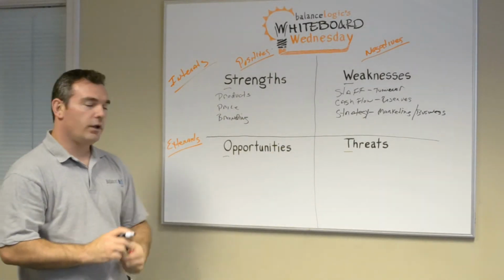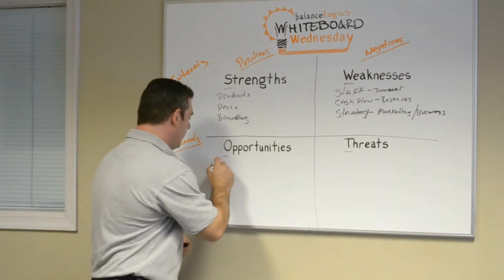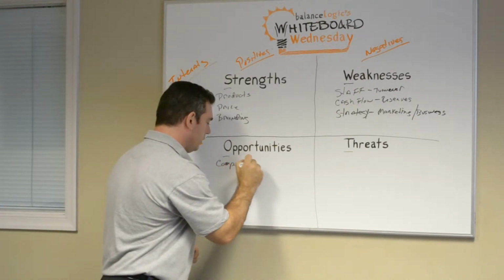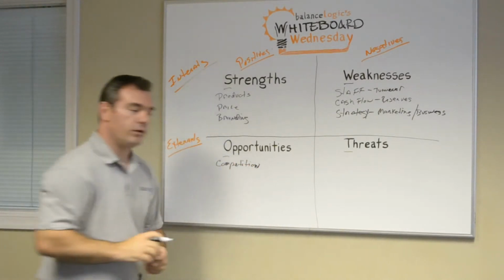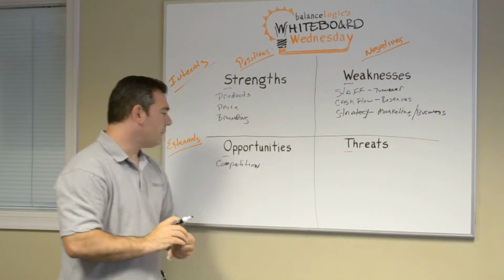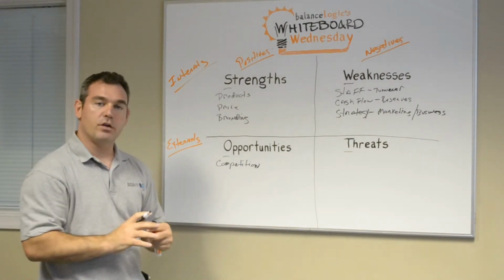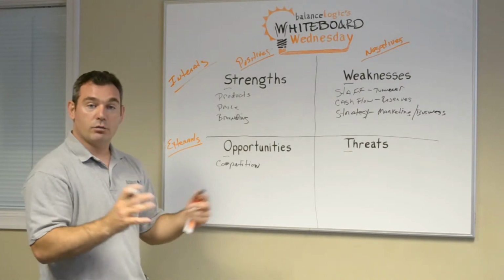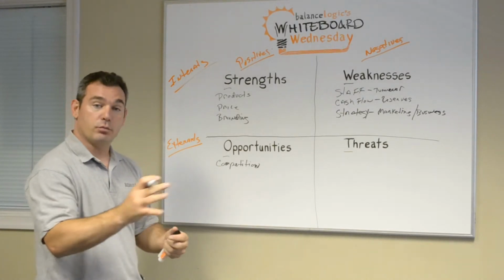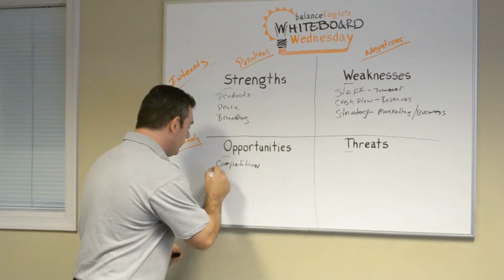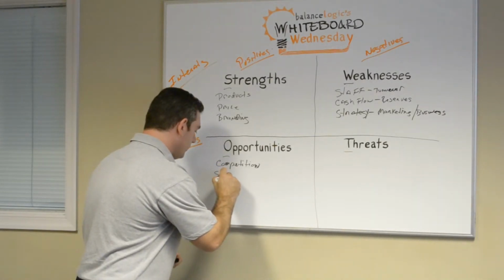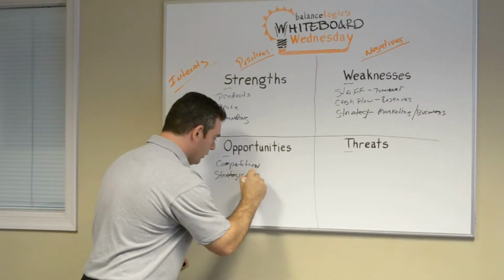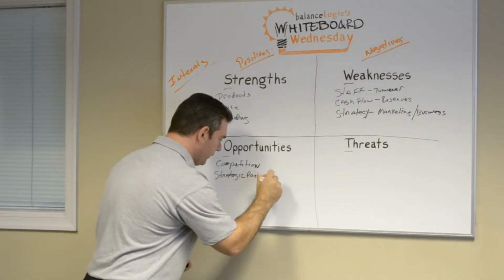Moving down to opportunities. A good opportunity would be competition. And that's a weird one. Competition is looking at your competition, seeing what they're doing, seeing what they're not doing, and then capitalizing on that, which would turn into an opportunity for you to improve the company. Another opportunity is strategic partnerships.